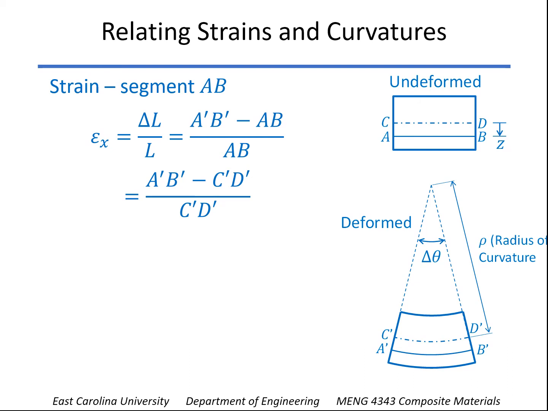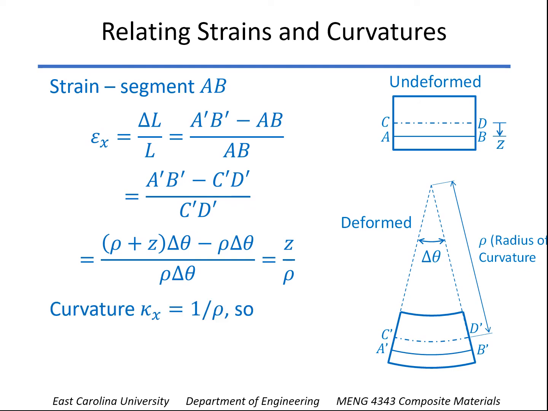So we can write it like this, which allows us to write it in terms of the radius of curvature and the little angle. And you can see on top, we're going to have rho delta theta minus rho delta theta, so that cancels out. And so you end up with z delta theta over rho delta theta, and again the delta thetas cancel out, so just z over rho.